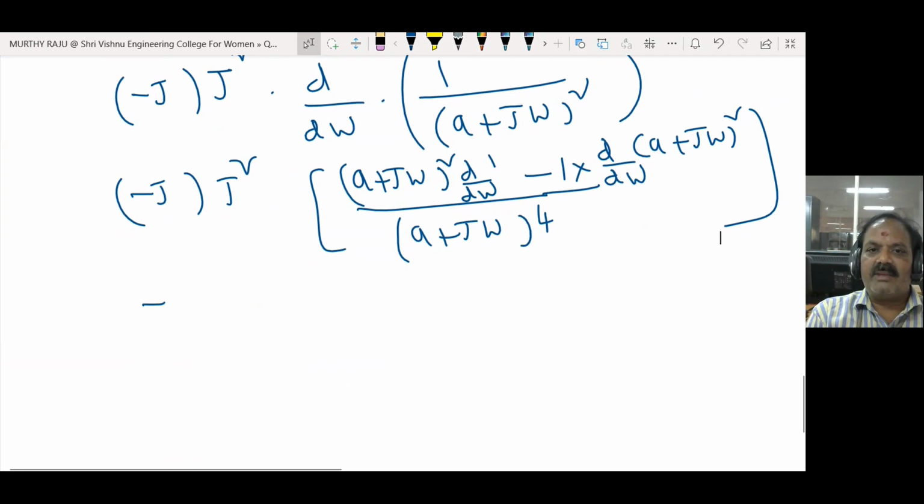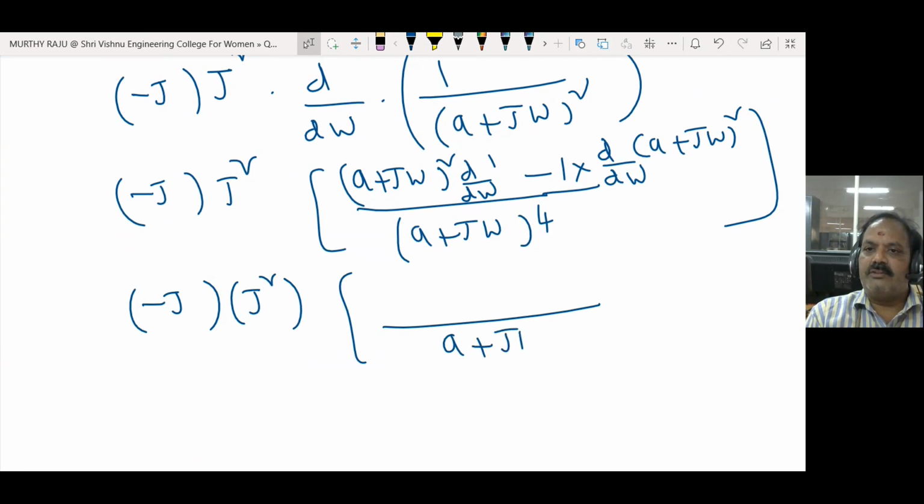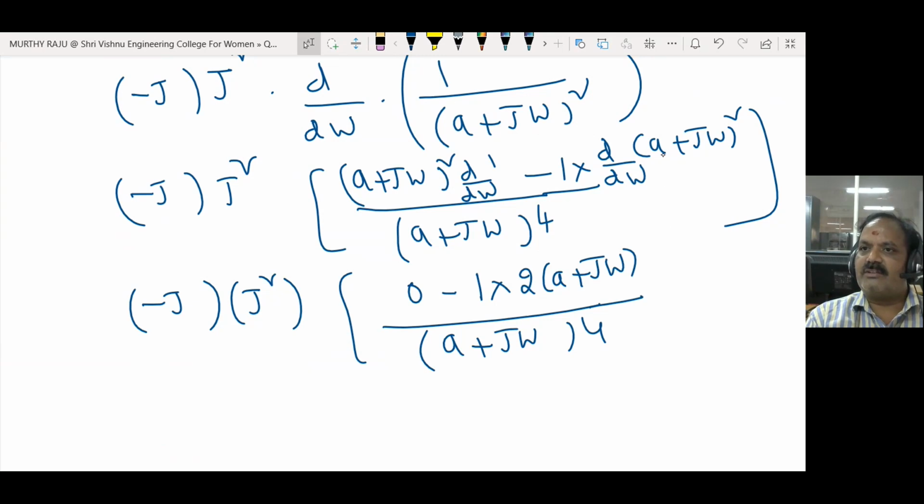That is equal to minus j square over a plus j omega whole power 4. The differentiation of a constant is 0, so 0 minus 1 into 2 into a plus j omega into the differentiation of a plus j omega, which is j.